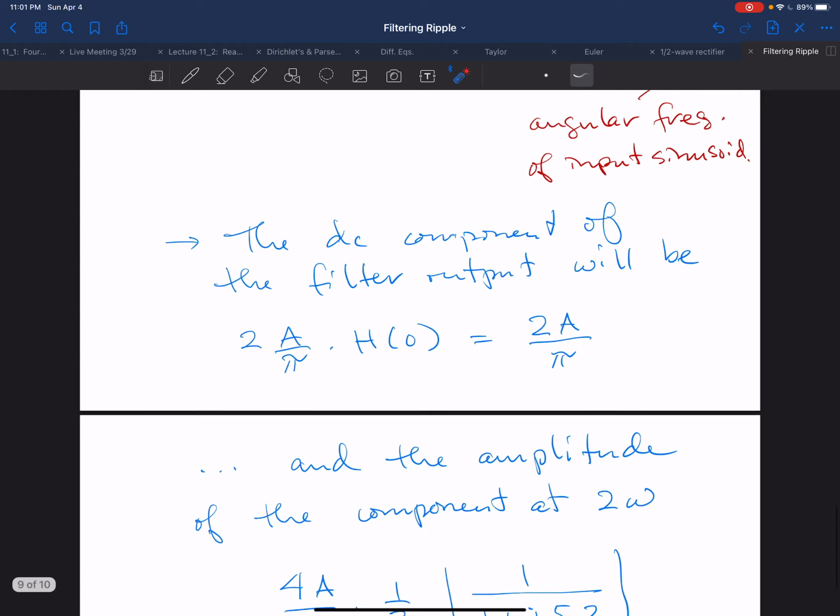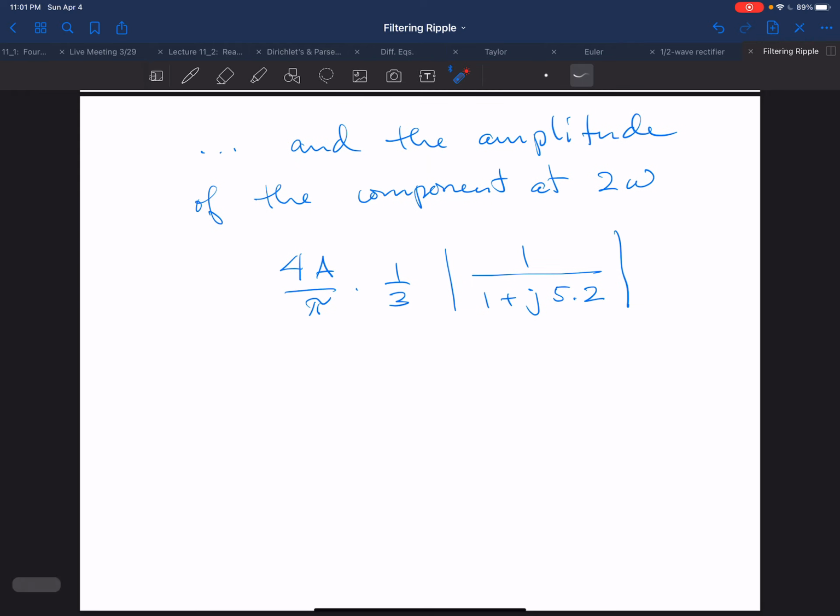So 2 omega tau is going to be 10. So the modulus of this lowest frequency sinusoidal component is going to be approximately decreased by a factor of 10.5, which gives us roughly 0.04 times the amplitude of the original AC voltage.